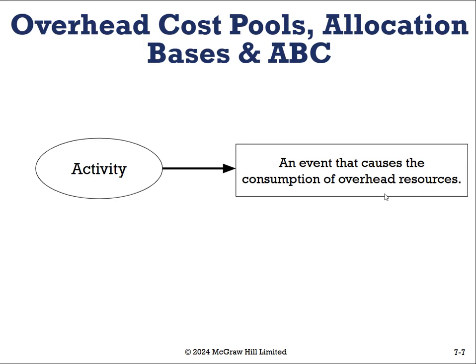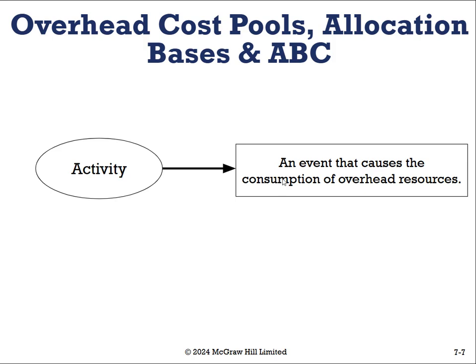Simply put, what I said before is that if the more we produce, the more costs we incur, then that means that that activity is tied to the product costs going up.